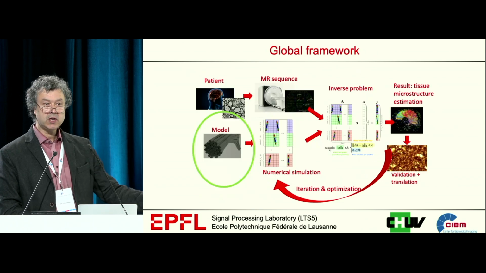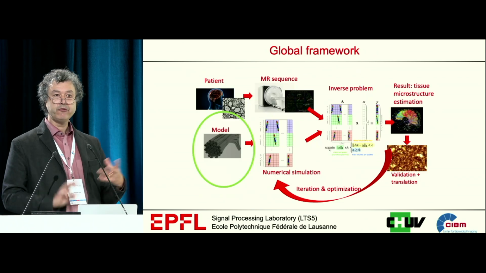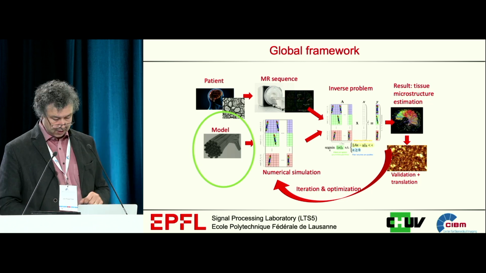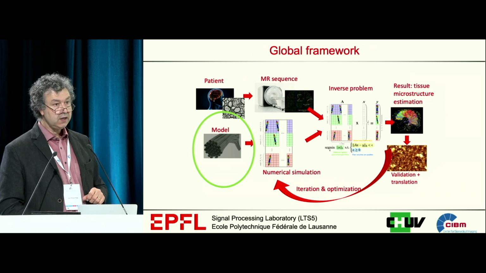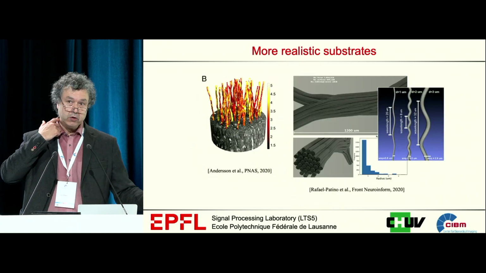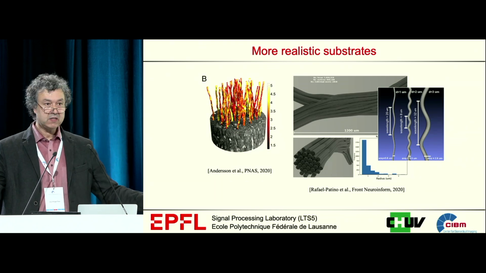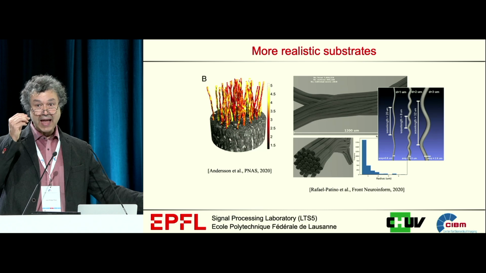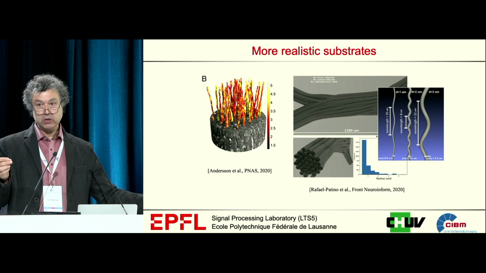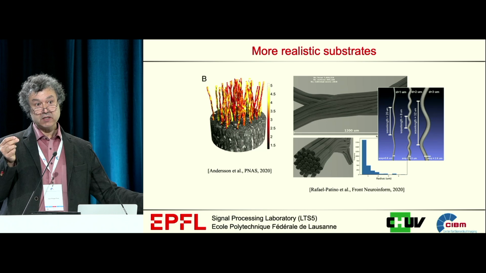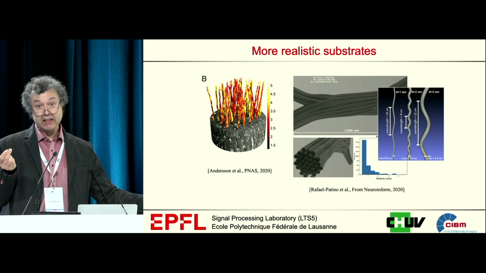Next step is to generate possible configurations of tissue. We have to go beyond the simple tubes, obviously. What we did is to really go in the details of the neuroanatomy. And we work with neuroanatomists, and we actually investigated in detail the actual axonal geometry within, in this case, rats, to really understand what are the parameters that could matter.